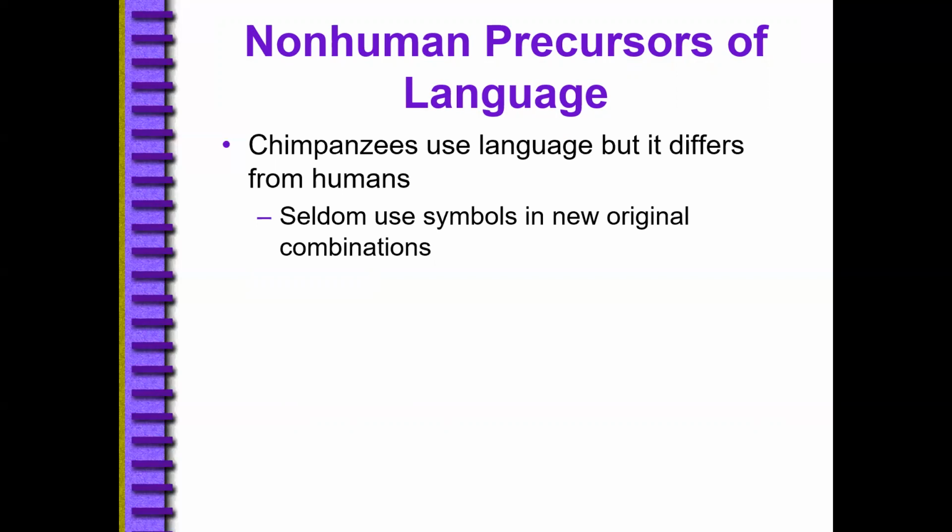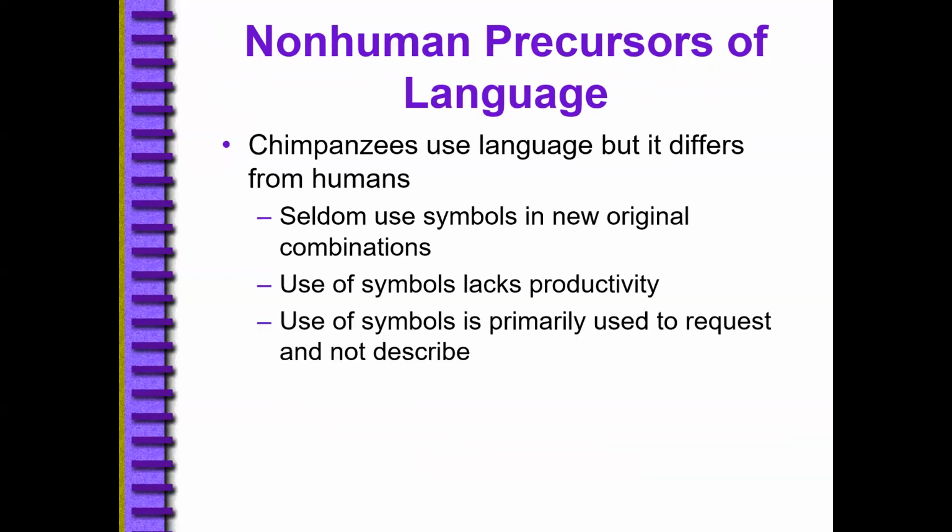In terms of producing, chimpanzees don't really produce new words, right? They seldom use the symbols, the words, in new original combinations, and they're usually using them to request something, like want water, as opposed to describe water is lovely, you know, something like that. Was a bad example. But how they're using the symbols, they're just kind of repeating what's been heard, what they've been exposed to. They're not coming up with original creative symbols, and they're mostly requesting and not describing.